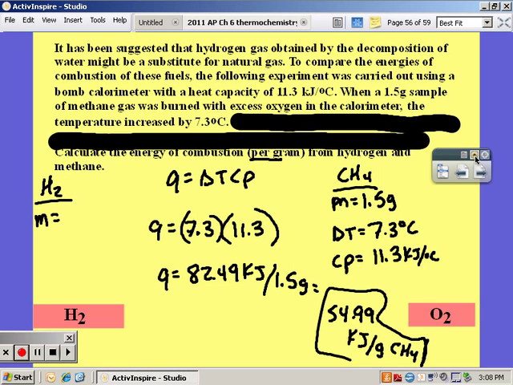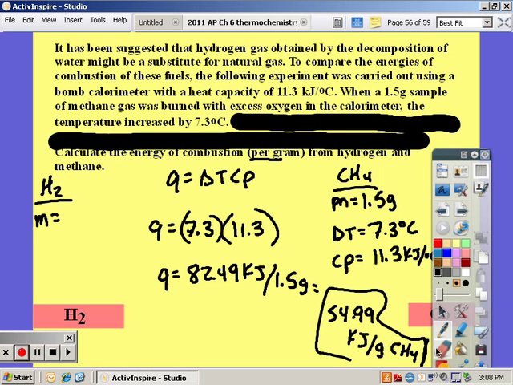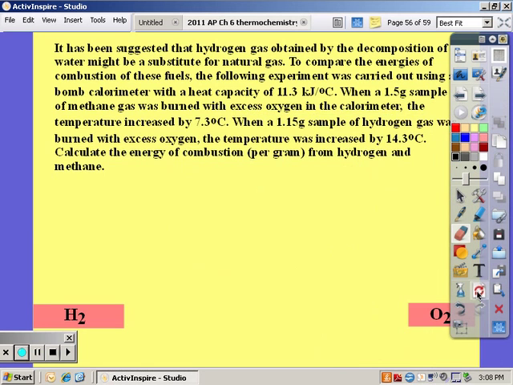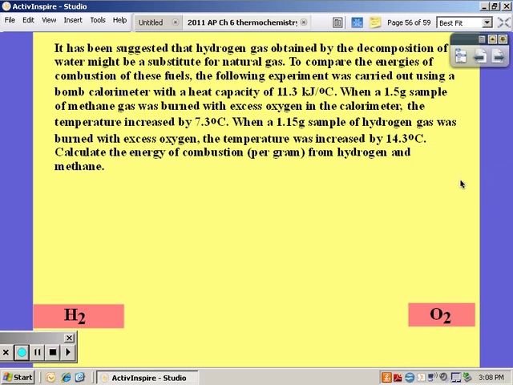Go ahead and pause the video and do the exact same thing for hydrogen. For hydrogen, you should have found that your mass was 1.15 grams, your change in temperature was 14.3, and the Cp is still the same, 11.3.